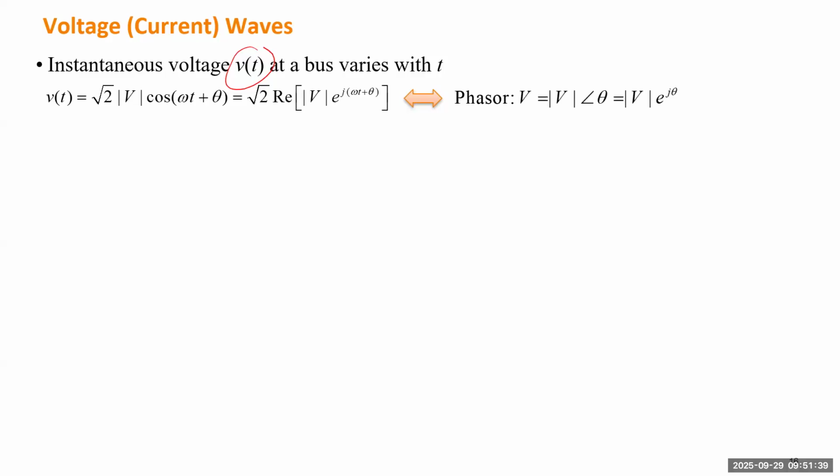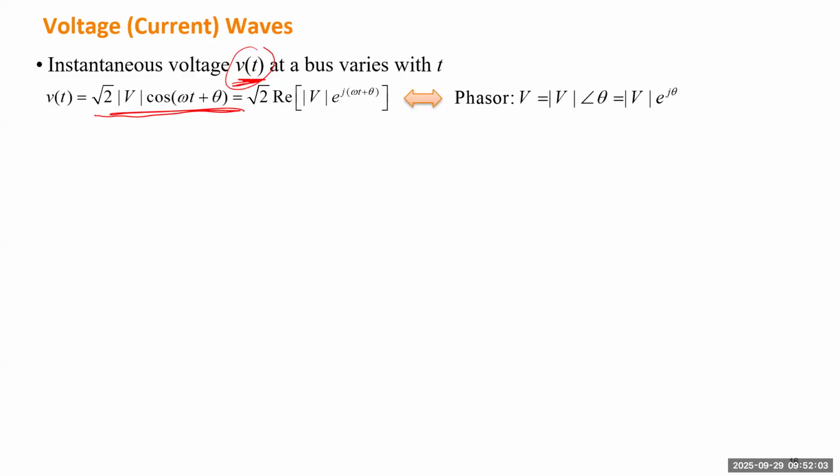We know when we define instantaneous voltage at a bus, it is a function of time, right? There's only one variable, t. So when t changes, the voltage will change. So instantaneous voltage is defined as the peak value, which is the square root of 2 times the RMS value, multiplied by a cosine function.